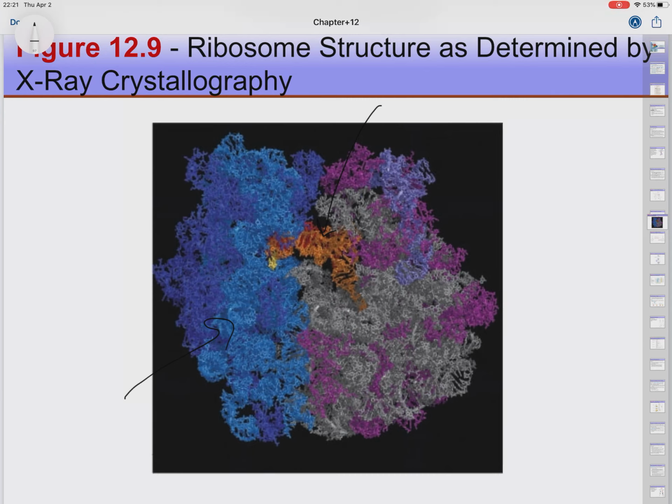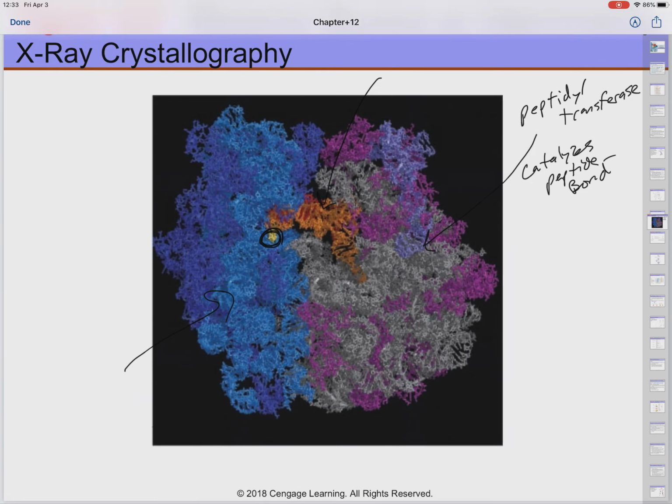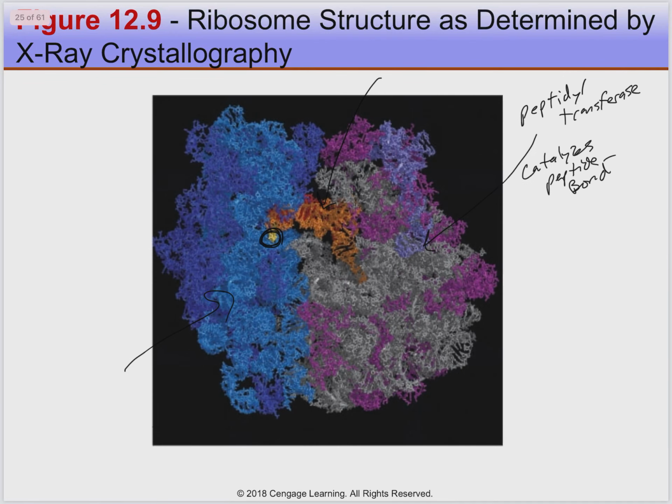This is the mRNA that it's locking onto and reading. We don't see the amino acid in this picture, and I'm forgetting what this big blob is. It's not the synthetase. Okay, peptidyl transferase is the name of this big protein. We'll see it's responsible for catalyzing the peptide bond between the amino acids.